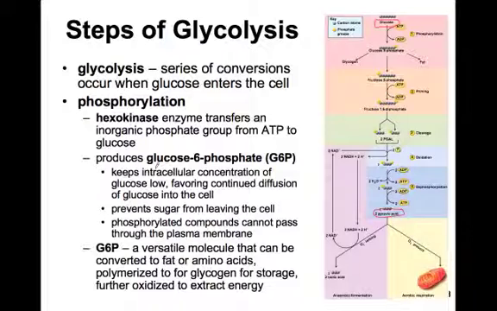It could be converted to fat, or converted to amino acids. It could be polymerized into glycogen for storage. And it could be further oxidized to extract energy, which is the pathway that we'll follow.